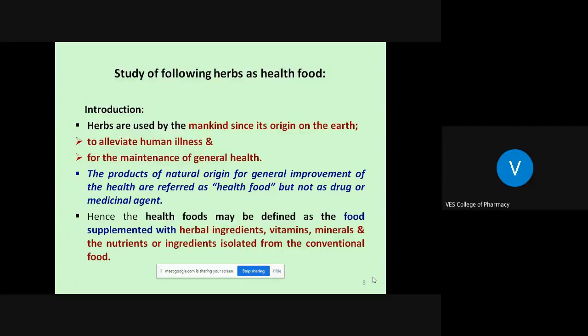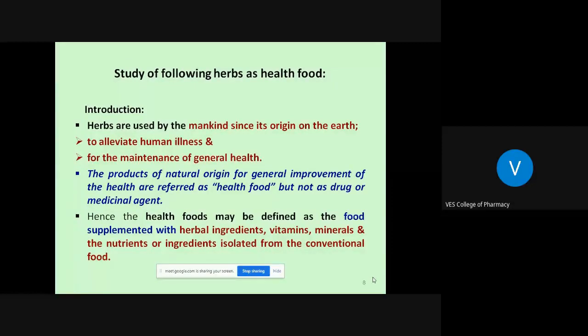The products which come from natural origin, usually for general improvement of health, are referred to as health food, but not as drug or medicinal agent. If I'm using the word health food, I am only emphasizing improving the health of the patient or maintaining good health of an individual. It is neither a drug nor a medicinal agent.